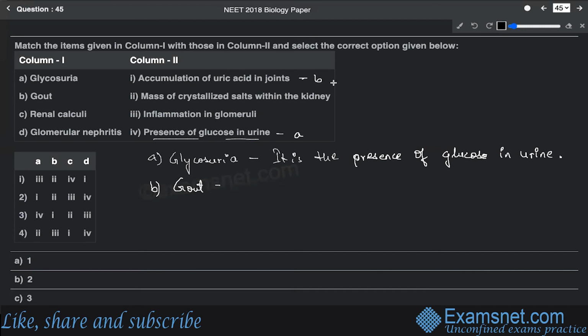So this is going to match up with B. So it is the deposition of uric acid crystals in joints.